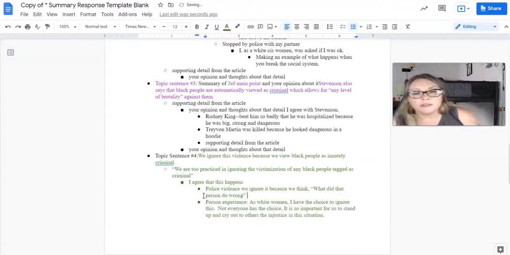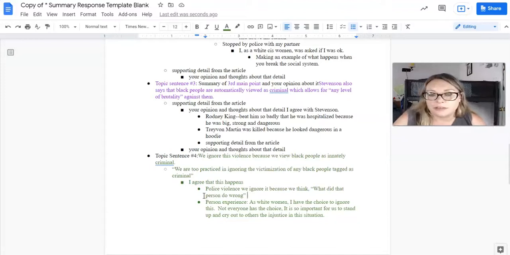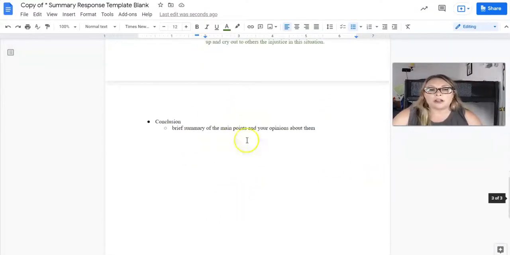They must have done something wrong, and I would need to explain that and talk about how I also was socialized this way to think that that was acceptable. But he shows you clearly, right, Stevenson, that the facts are not, that is not the case, right? It is not true. These people are not deserving. Black people are not criminals, right? That it has been imposed upon them as the legacy of slavery. And then I would maybe talk about something like that in my conclusion.